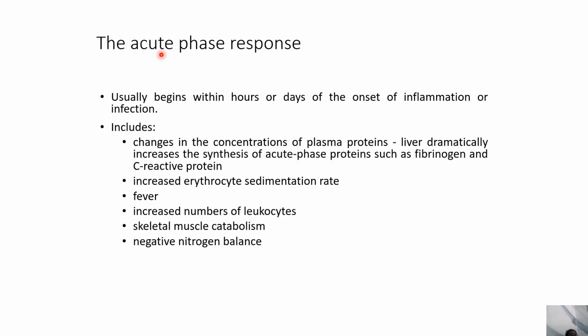In case of any infection, if you see blood reports sometimes, you'll see the C-reactive protein levels are very high, okay, because it happens during infection. Basically, increased erythrocyte sedimentation rate, fever. We know fever happens during infection. Increased numbers of leukocytes, skeletal muscle catabolism, and negative nitrogen balance.